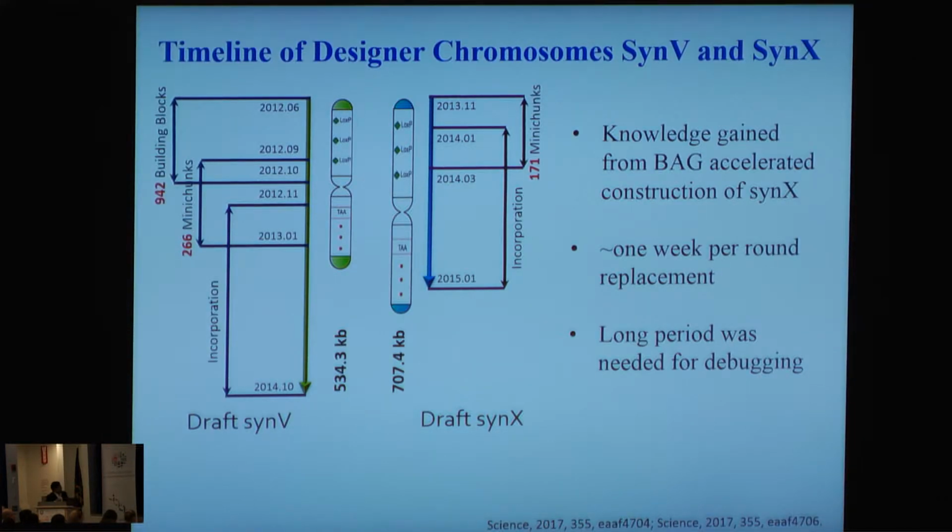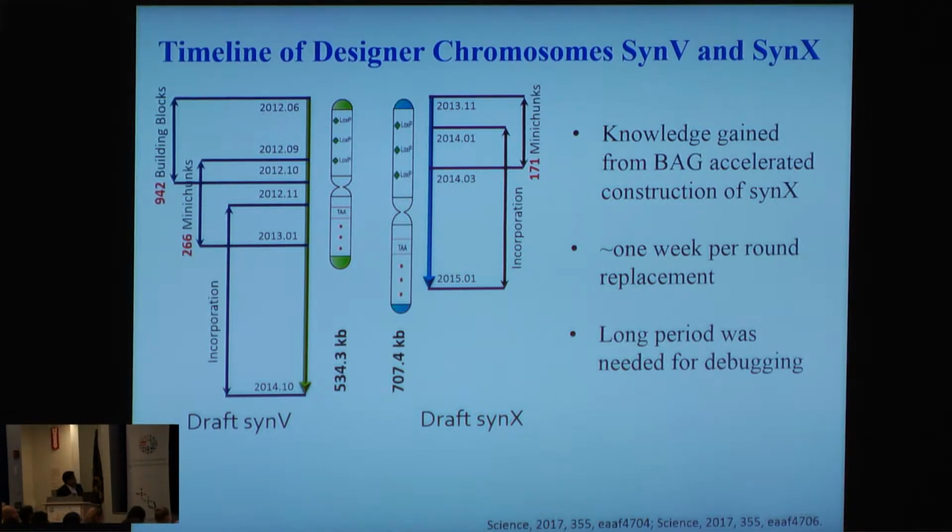From this timeline, you can see that chromosome 5 took much longer, because the project started in June 2011, but this time it takes a much shorter time.